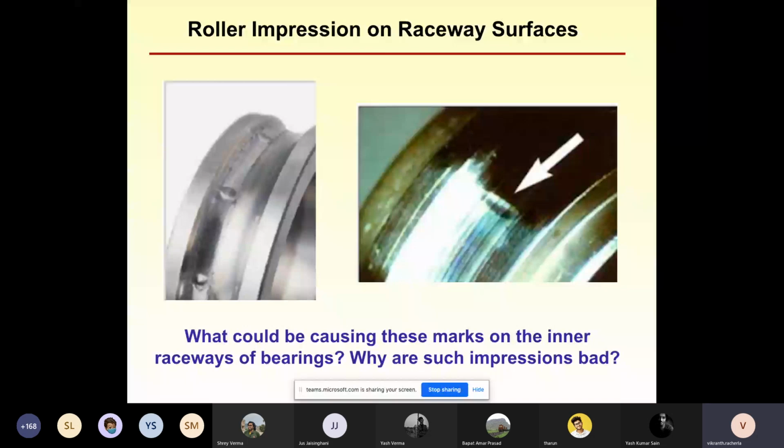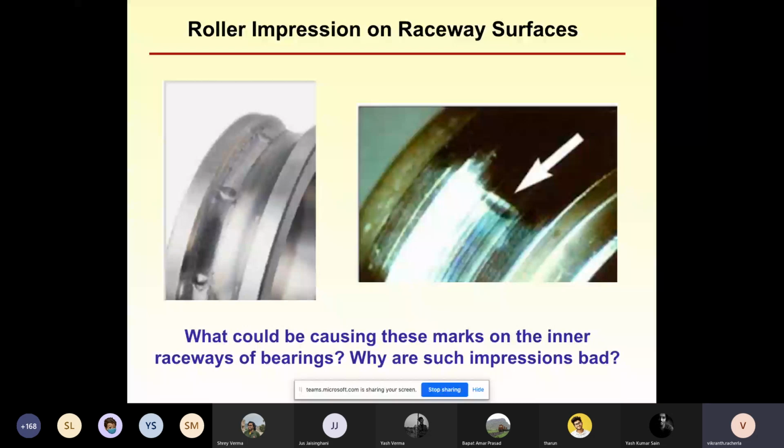So either the loading is excessive, or the heat treatment was not proper, because of which the hardness of this raceway is not up to the mark and there is a failure. So it could be because of some mounting issue or excessive loading, particularly when the bearing was stationary, or it could also be because of some heat treatment problem.